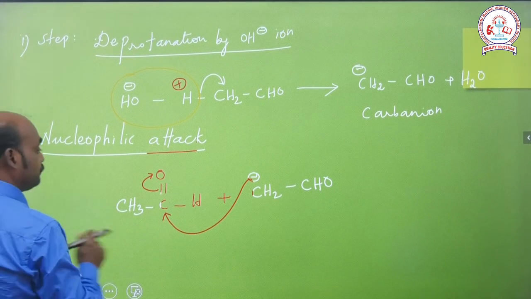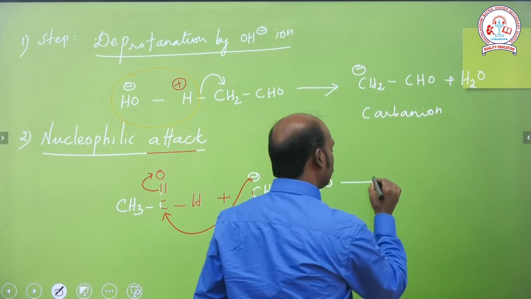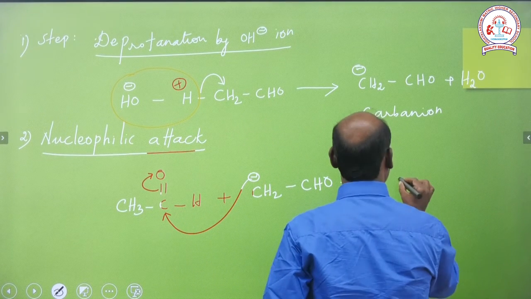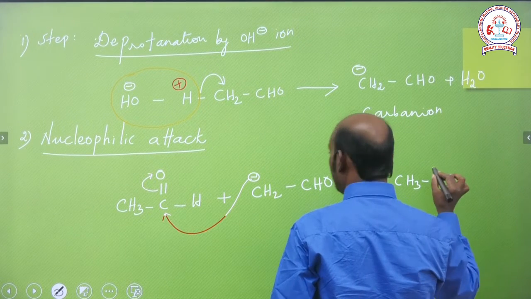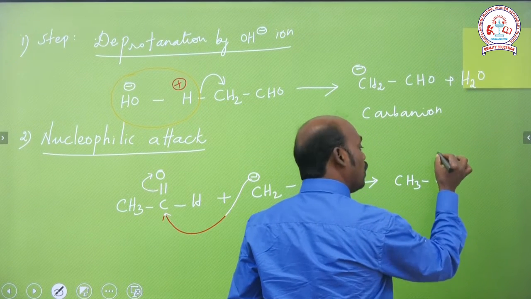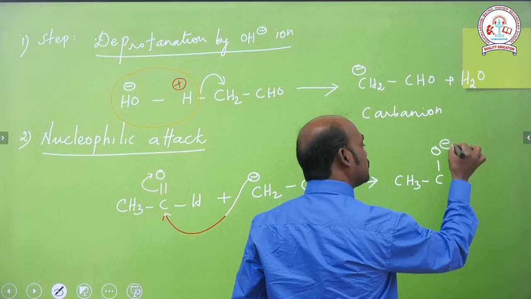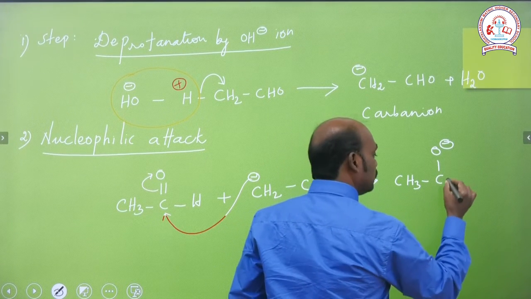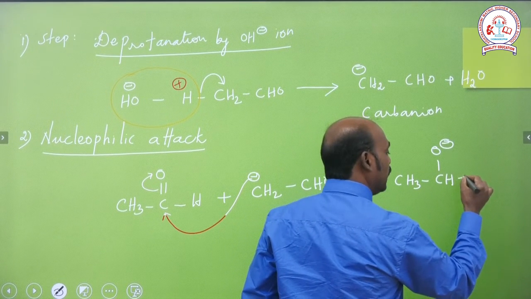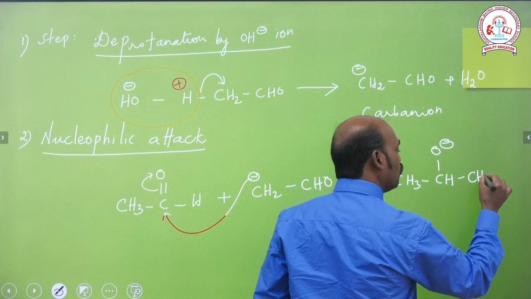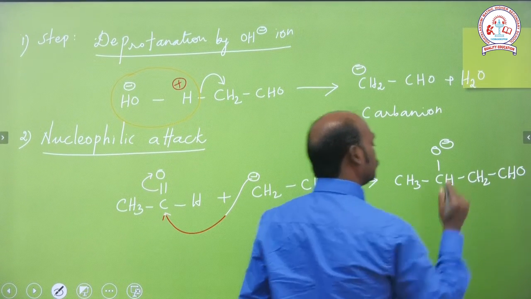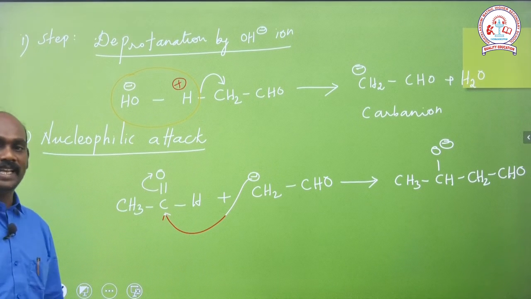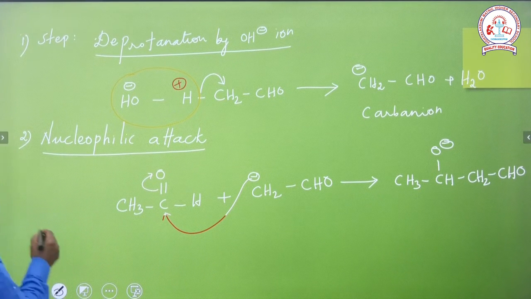Then we get an intermediate, CH3 C single bond O minus H, then CH2CHO. This is the second step.